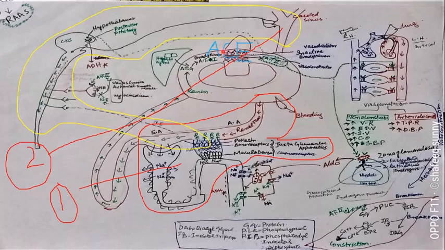The ACE enzyme is responsible for converting angiotensin 1 into angiotensin 2, which is a potent vasoconstrictor, and also for inactivating the bradykinin.